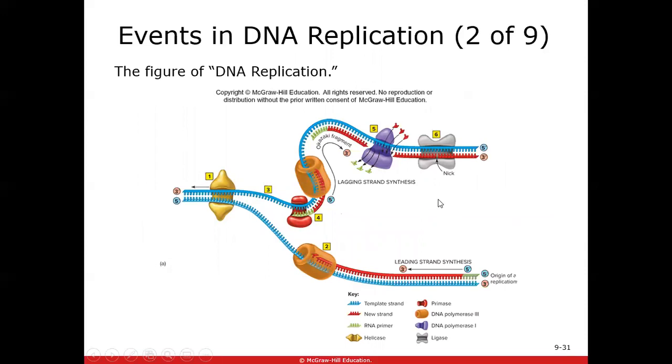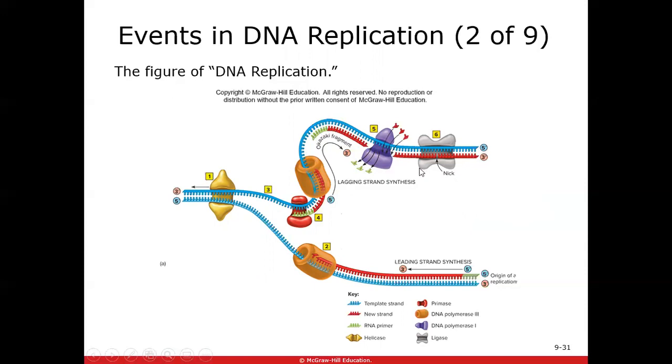So here's where it shows the figure of the DNA replication. And you see with this one, when this DNA unwinds, then this one line becomes a template, and then this is a line for a template as well, but it has to go in the opposite direction.